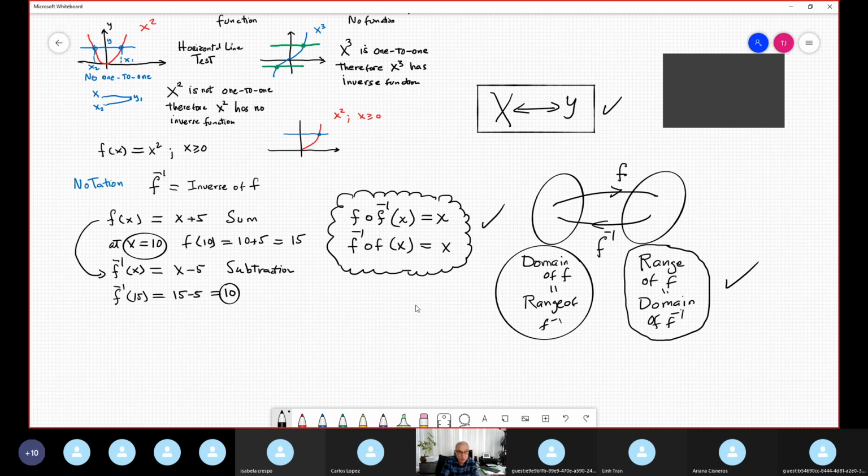Okay, let's move on to the first example. In this example, we study everything. I give you the function. I want to prove if it's one-to-one or no. It's the first step. The second step is to find the new expression for the inverse function, in the case that it exists.